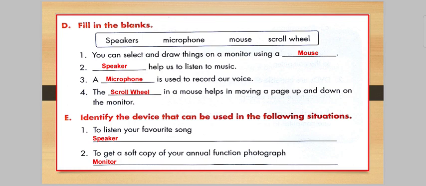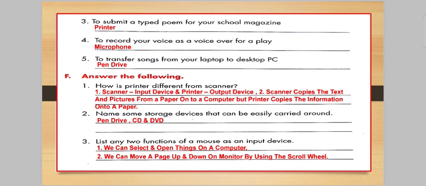Next is to submit a typed poem for your school magazine. We use the printer. Next is to record your voice as a voiceover for a play. We use the microphone. And to transfer a song from your laptop to desktop, we use the pen drive.